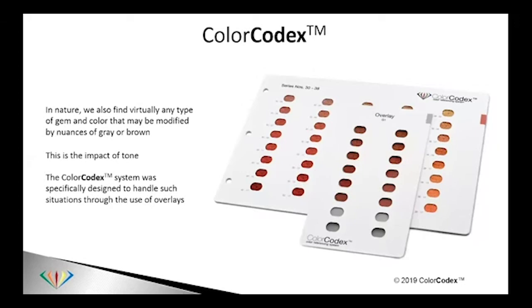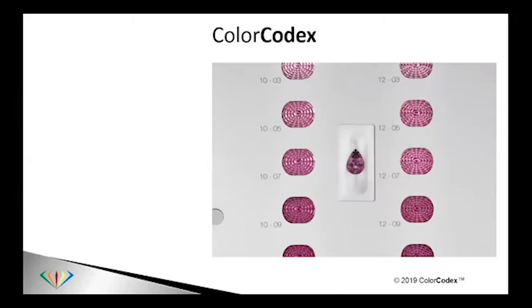And here I want to use an example to show you. This is a garnet from the AGL reference collection. And so we're on the ColorCodex sheet where the color is the closest. And so you see it falling here. It's similar to the 10-07 color window, but if your screen is showing the stone the way that I see it on my screen, you're going to see there's an element of tone here, which is that the color is slightly different.